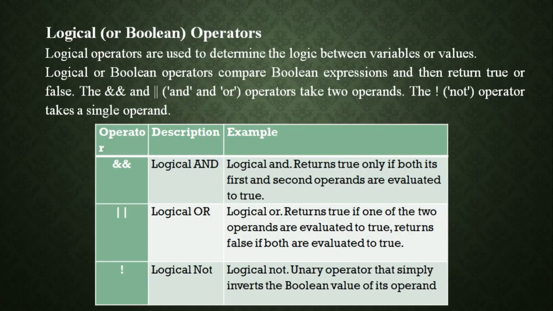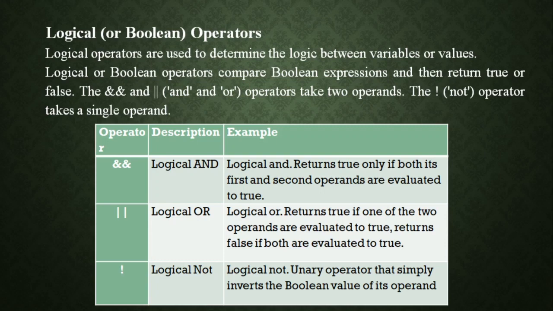And the next type of operators are logical operators or Boolean operators, like logical AND, OR, NOT. What does this logical AND do? This logical AND returns a true value only if both the statements are true. It means if its first and second operands are evaluated true, then it will return true or else false.